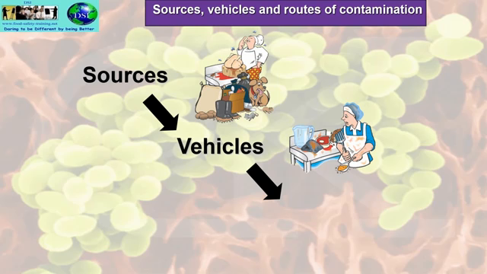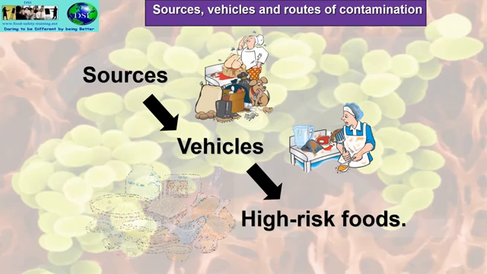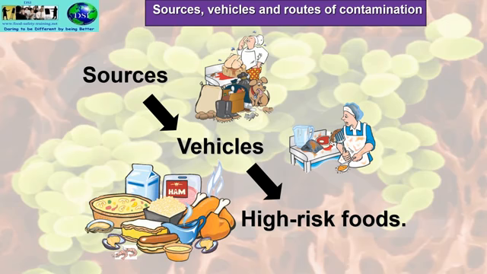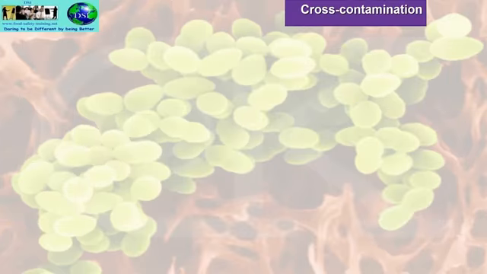So we've got utensils, you've got food containers, cloths, etc. And lastly, the high-risk foods, which if the bacteria get onto, they will start growing happily under ideal conditions. And if the food is eaten then by a customer, that will cause food poisoning.